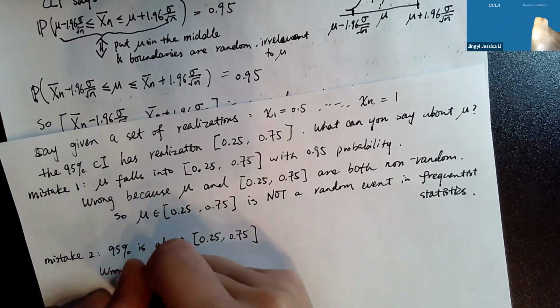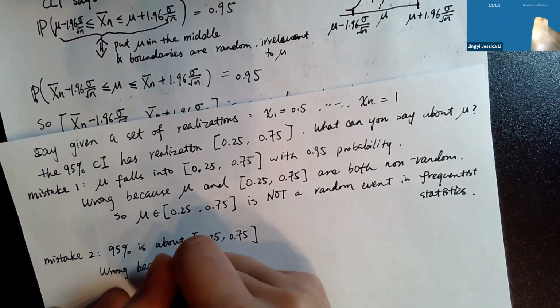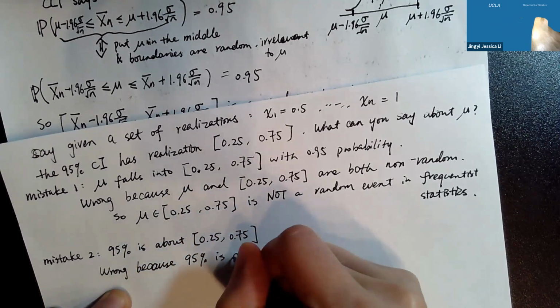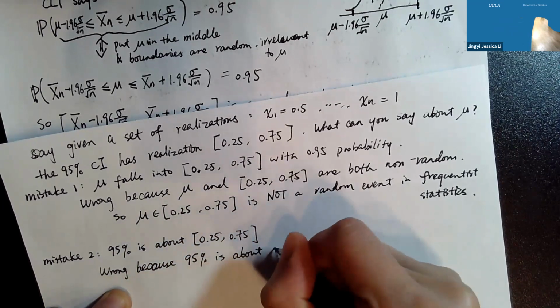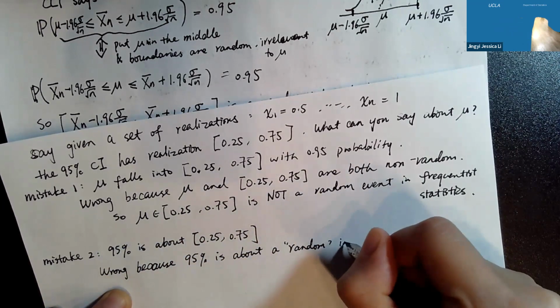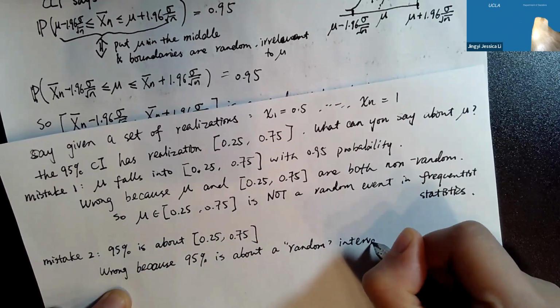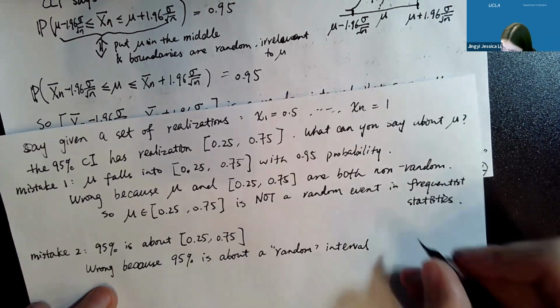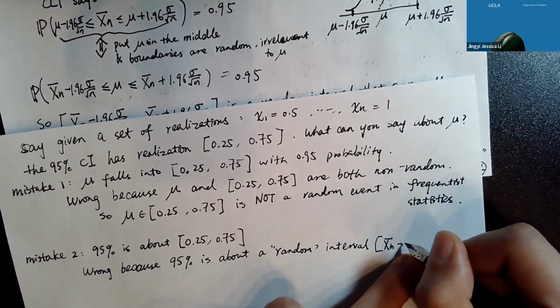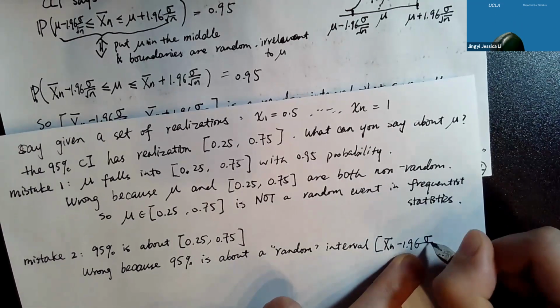Wrong, because 95% is about a random interval. Let's say that here we had xn bar minus 1.96.